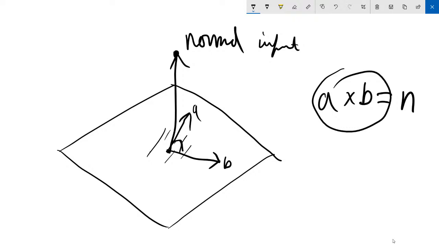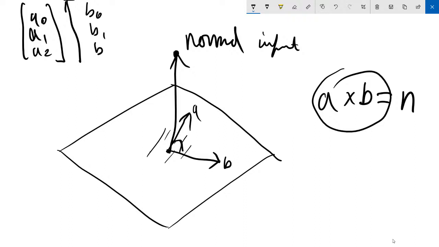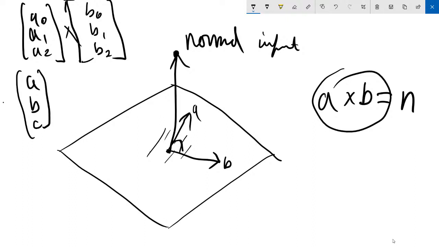So if IB gave you some vector (A0, A1, A2) and some vector (B0, B1, B2), you can figure out the equation of the plane that they lie in by finding the cross product. The cross product gives (a, b, c).